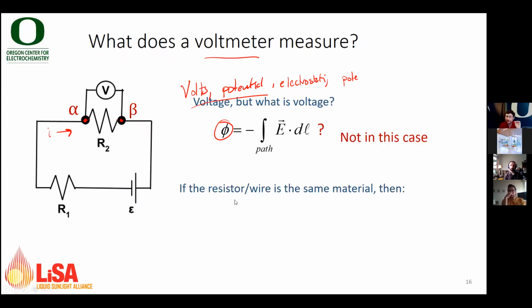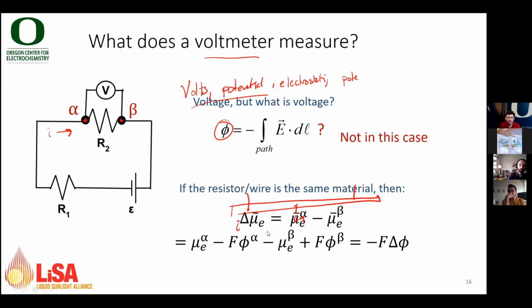If the resistor and the wire are the same material, imagine I have a piece of copper wire and I'm passing some current through it, and I measure the voltage here and here. What I actually measure is delta mu bar of the electron.